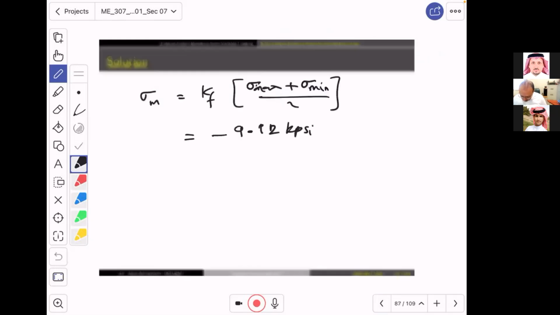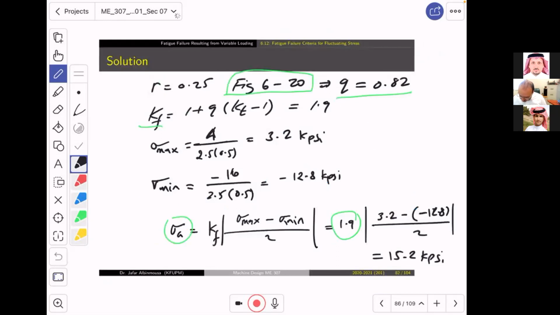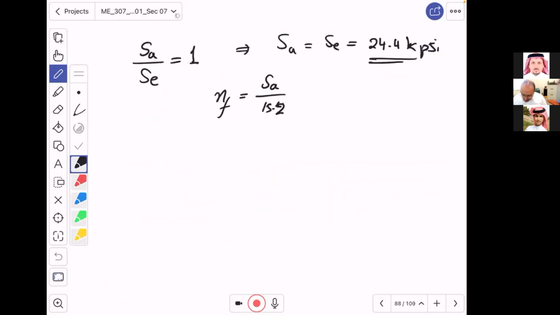We calculated it from here. Look at it, 15.2. And this one is the same as the endurance limit, which is 24.4. So I will get 1.61, which is way less than the yield factor of safety, but it's still safe.